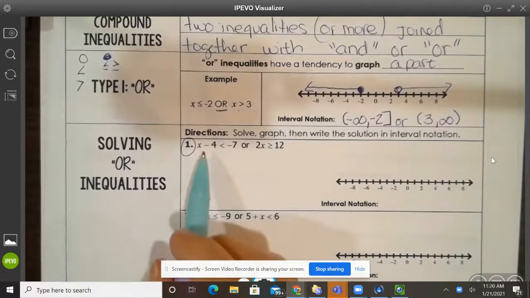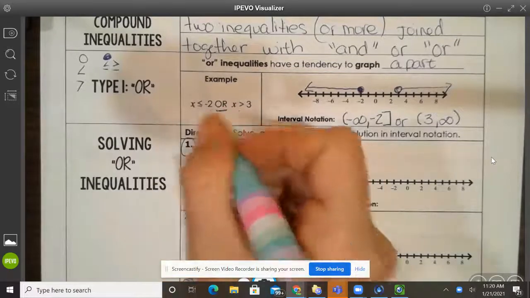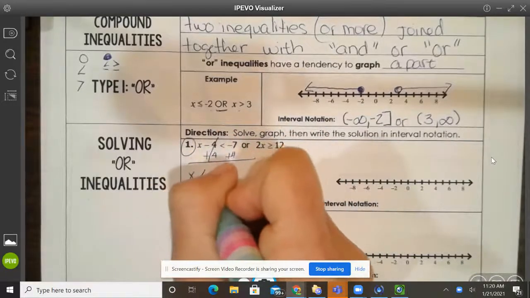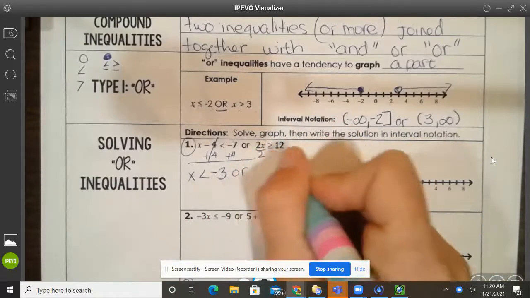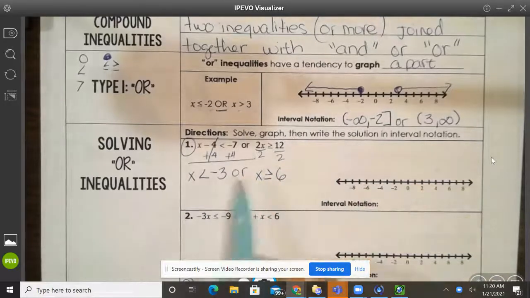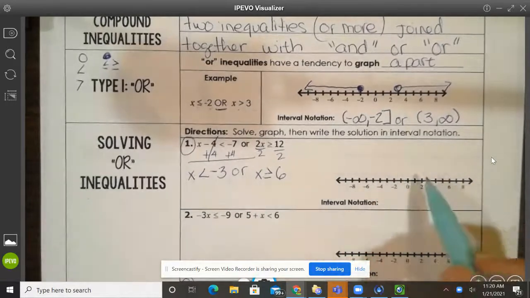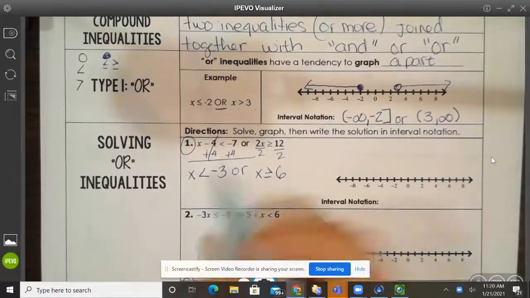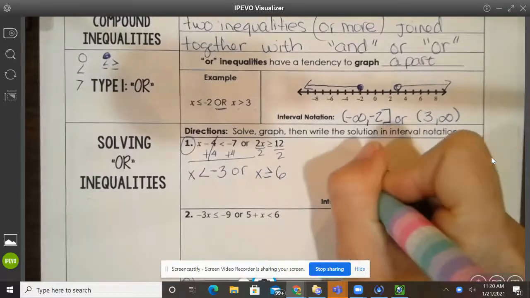So let's do number 1. We have one inequality here and another one here. We have to solve them first. So that's +4 +4, that goes away, and I have x is less than -3. Or, we divide by 2, so x is greater than or equal to 6. Those are the inequalities I'm going to graph on the number line. So x is less than -3, an open circle at -3, and it's all the numbers less than that.